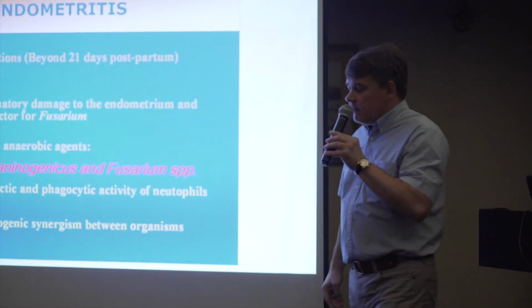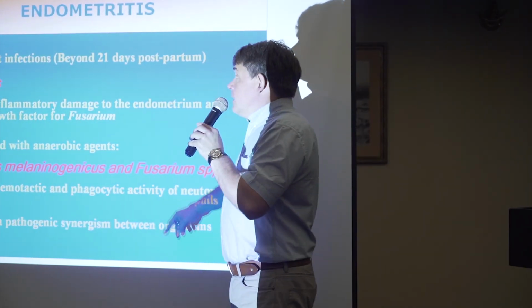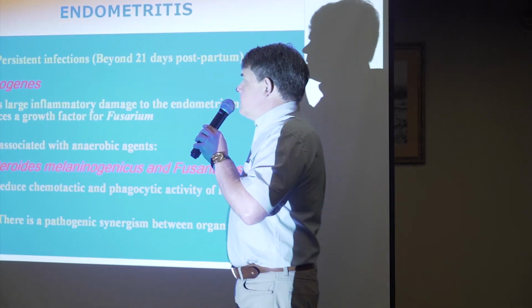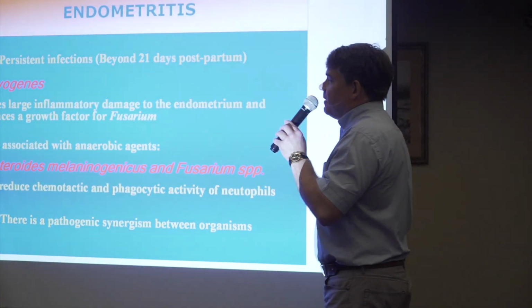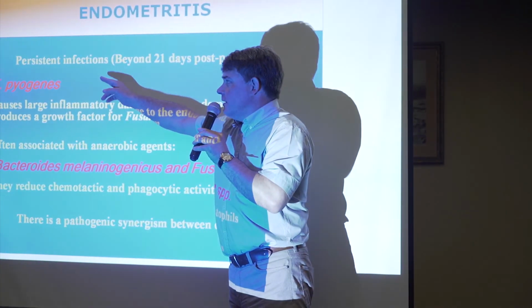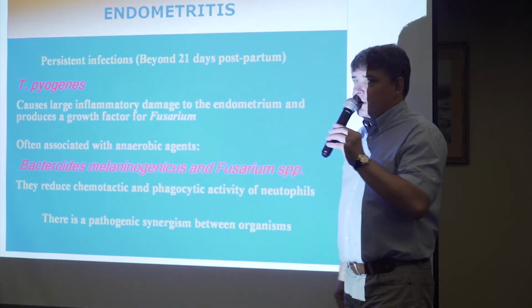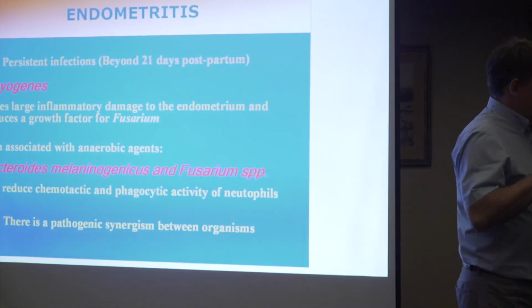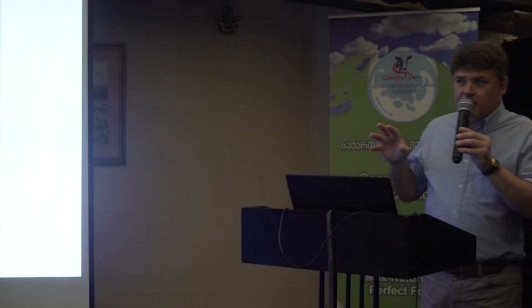They work together very effectively, because Trueperella causes large inflammatory damage. It is very interesting to follow them, because this one produces a growth factor for Fusobacterium. It means that in the analysis, first you will find Trueperella, and some 4 or 5 days later you will find Fusobacterium.